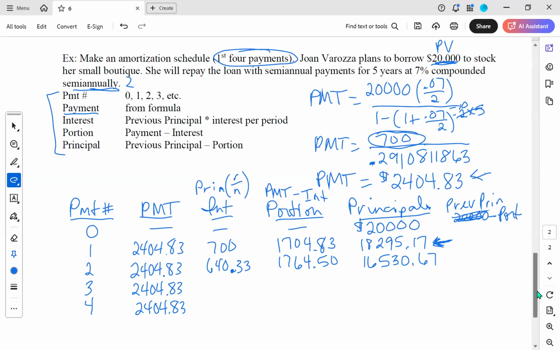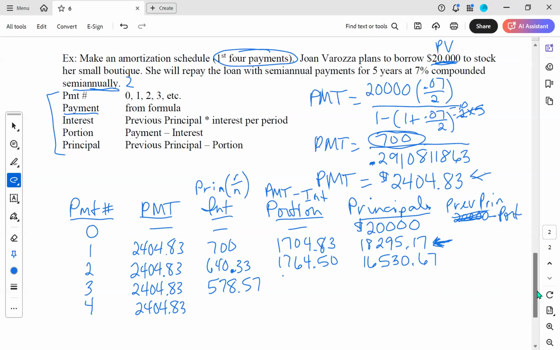So I take the 16,000 and multiply it by 0.07 divided by 2. My rate and my number of compounds do not change. So that's going to give us $578.57. To get my new portion, I'm taking 2404.83 minus 578.57.